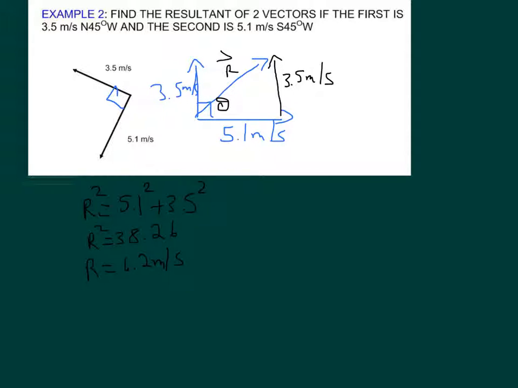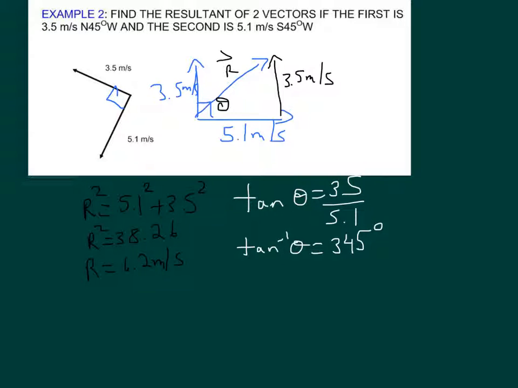And so now to find our angle, let's use the tangent, because again we have opposite over adjacent. So tan of theta should be 3.5 divided by 5.1. Using the inverse function for the tan, we find out that the angle is approximately 34.5 degrees. There should be a decimal in there.